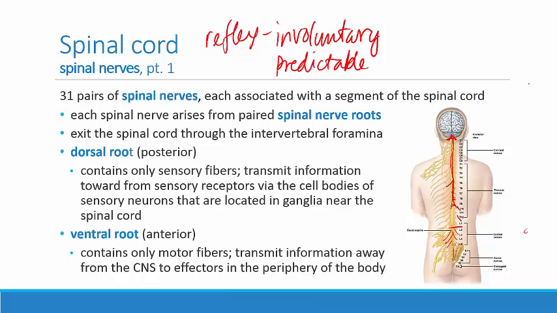The ventral root is motor, and it transmits information away from the central nervous system. So it is efferent. I got it backward. The ventral root is efferent, while the dorsal root is afferent.